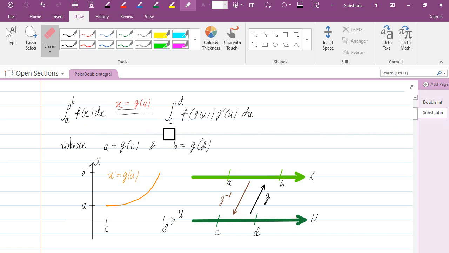And the new limits of integration, that is the new interval over which we are integrating, is from c to d, where c to d is basically the inverse of g applied to the interval from a to b, that is, applied to the original interval of integration.